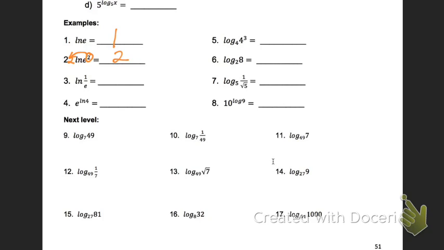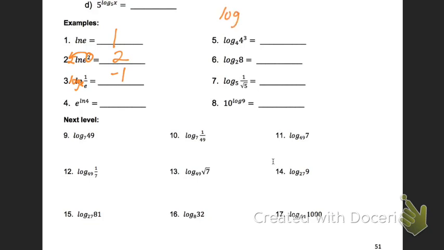Number 3, and if you want to write log of e instead, you can, if that helps you. In my head, I just think log of e. So how do I get from e to 1 over e? What power do I raise it to? Negative 1. Good. In my head, here's the process I'm going through.